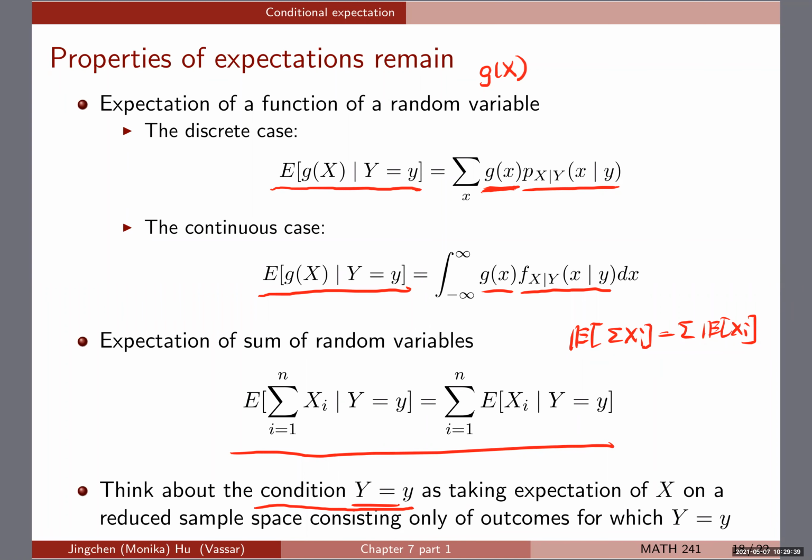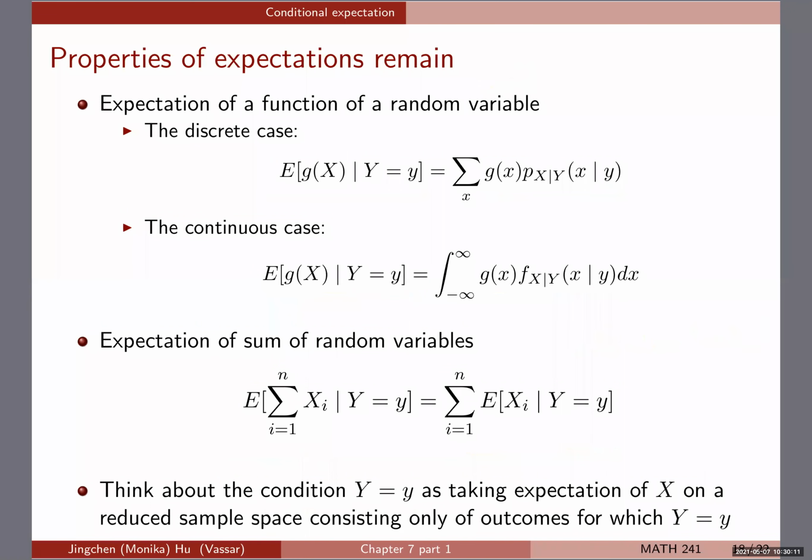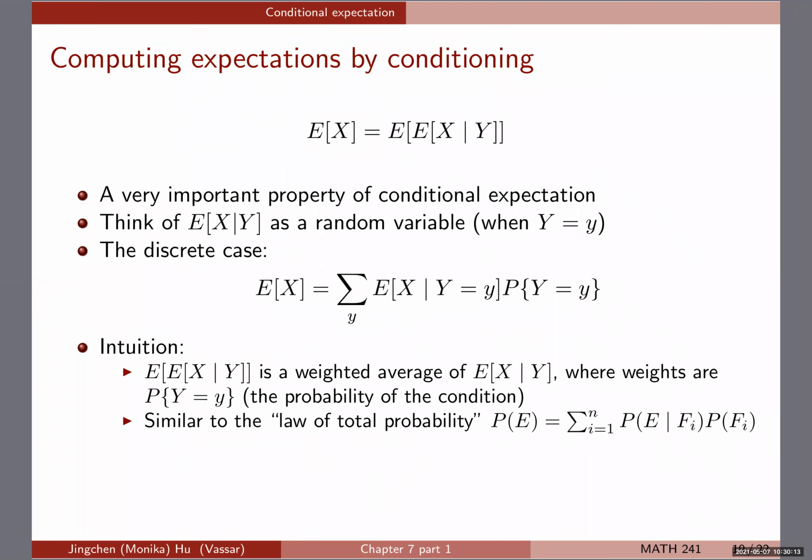But now we have this new condition of Y. So instead of taking the expectation of X on the entire space of where X could be, we're only taking the expectation on the reduced space where Y has to equal y. Right now it could be a little vague, but as soon as we start doing exercises on what X could be and what Y could be, things will become clearer. All right, there's one very, very important result here: computing expectations by conditioning.